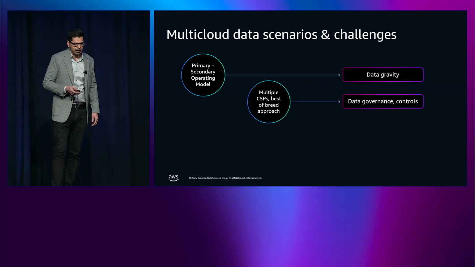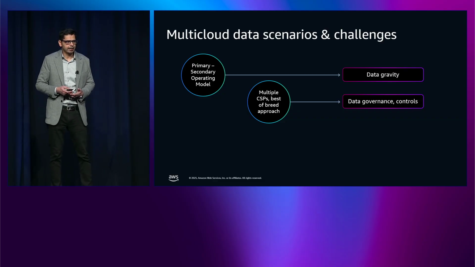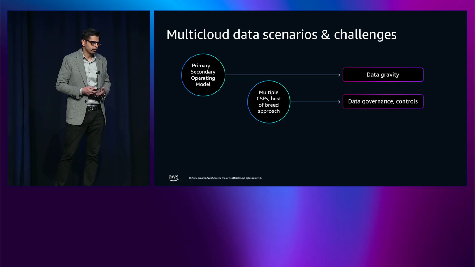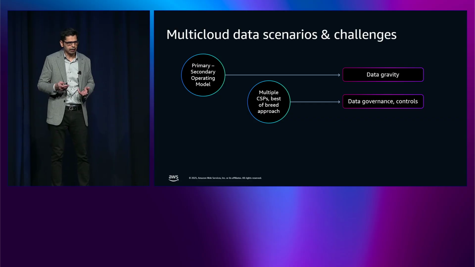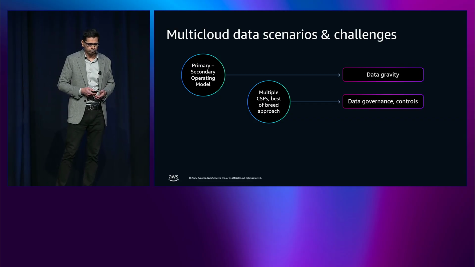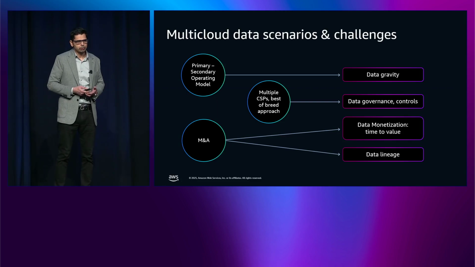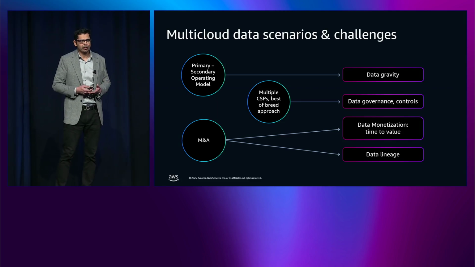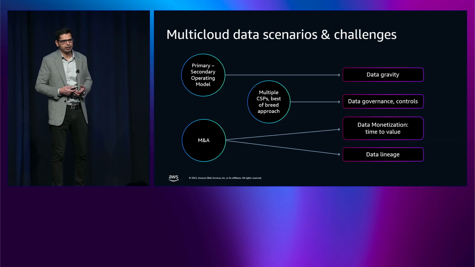Also, with multiple clouds, you have the data governance and control challenges. So challenges like how do we implement the governance and security policies? How do we implement the controls? Because each cloud might have different ways of doing things, different APIs, etc. And Don also talked about mergers and acquisitions, which sometimes I call a forced multi-cloud situation, even if you did not want to do it.